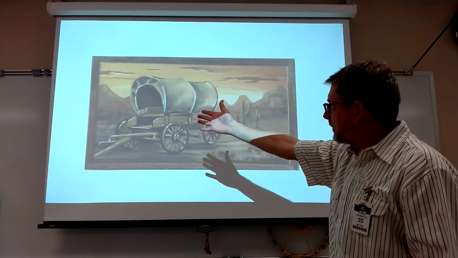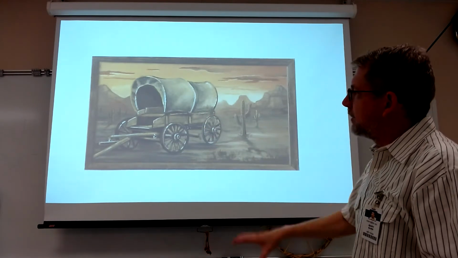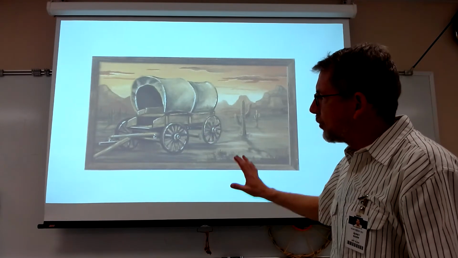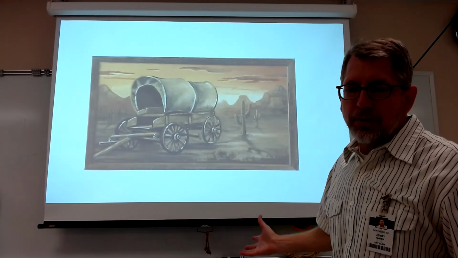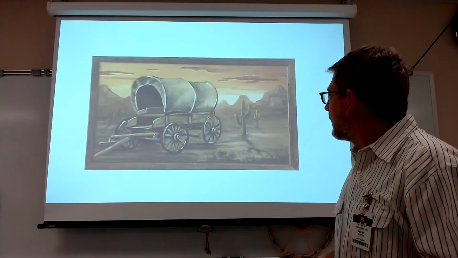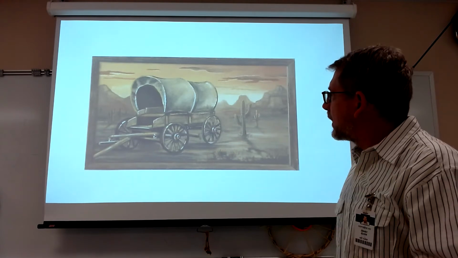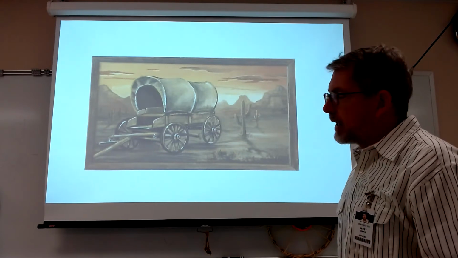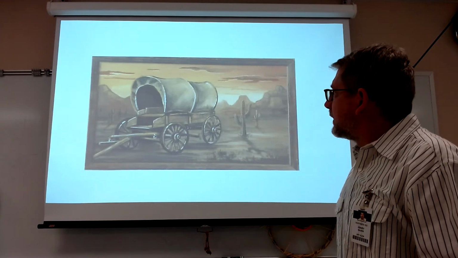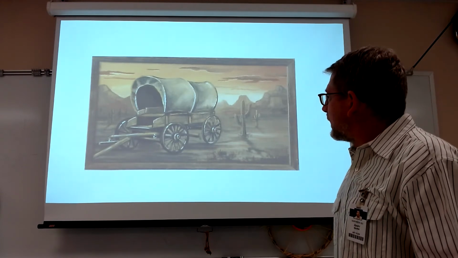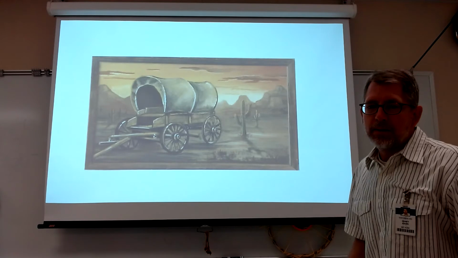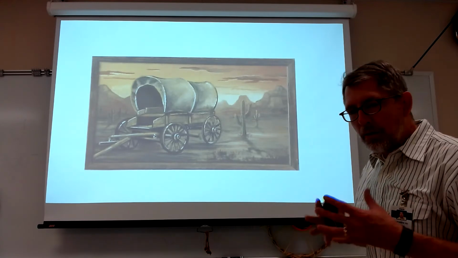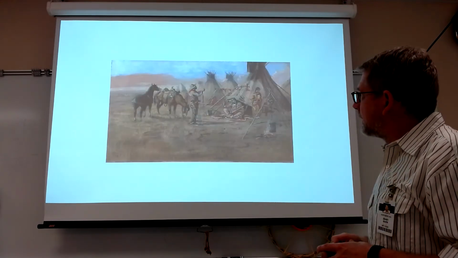I mean, this carriage. Usually you would need a horse and a carriage, and you would need a person to be driving it, but they're not here. So we're kind of like, what's going on? Did they get too hot? Did they not make it out of the desert? We don't really know. So, like I was saying, art can tell a story, and let's look at a few more.